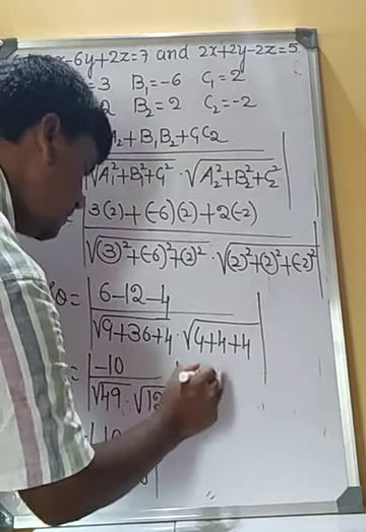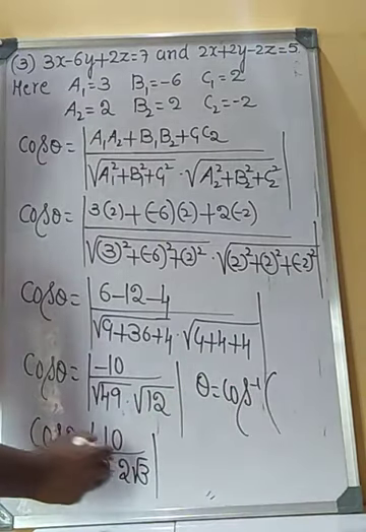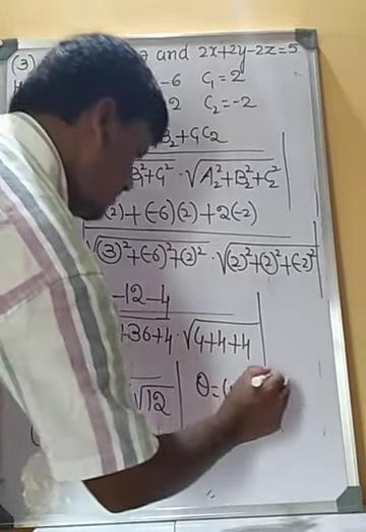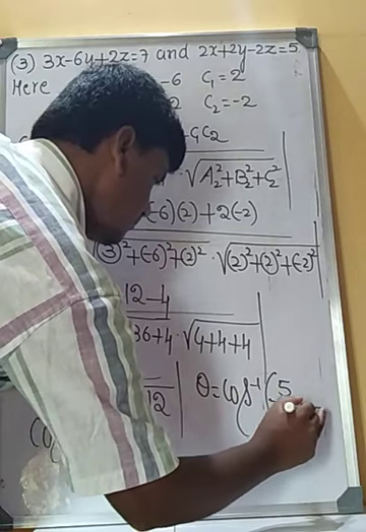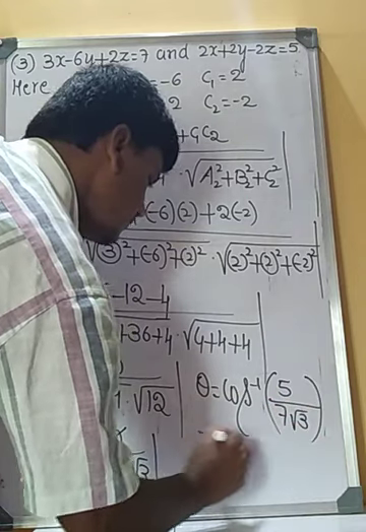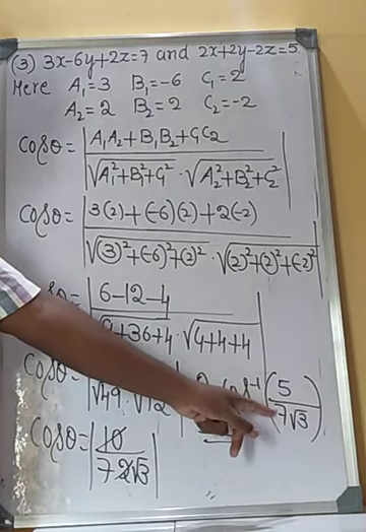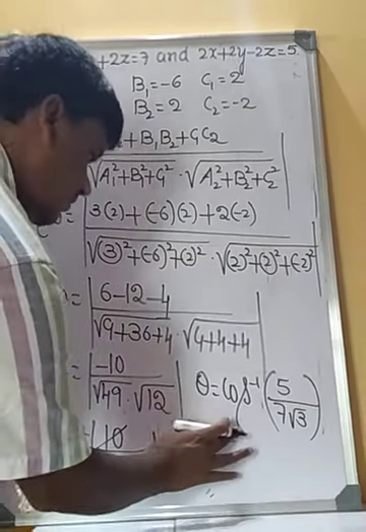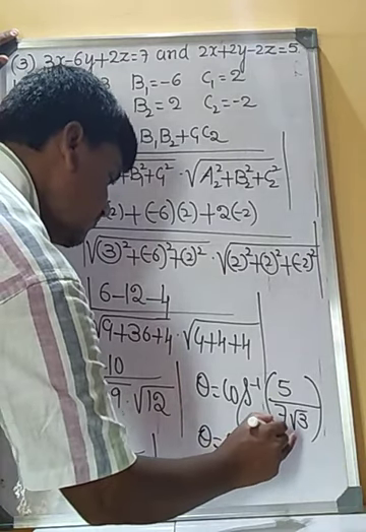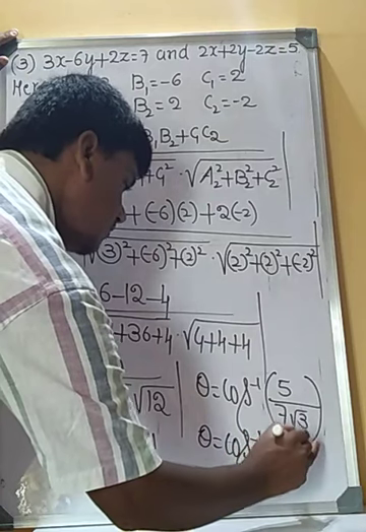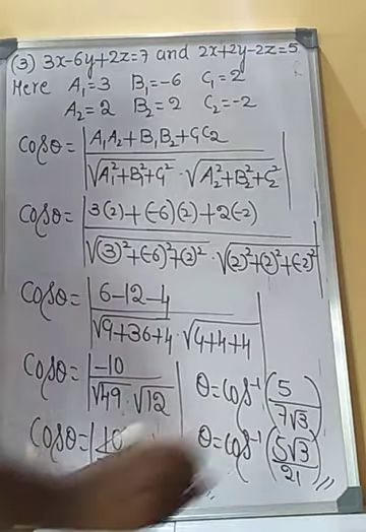Therefore, theta is equal to cos inverse of 5 dividing by 7 root 3, or theta is equal to cos inverse of 5 root 3 dividing by 21.